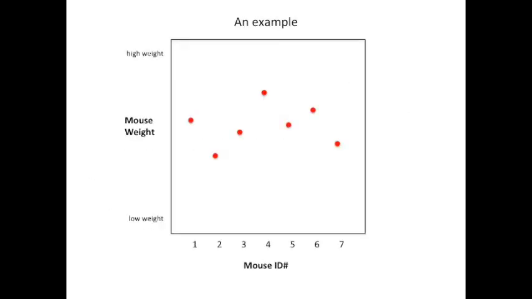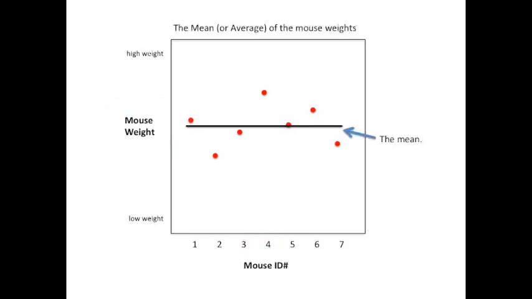Let's start with an example. Here, we're plotting mouse weight on the y-axis with high weights towards the top and low weights towards the bottom, and mouse identification numbers on the x-axis with ID numbers 1 through 7. We can calculate the mean or average of the mouse weights and plot it as a line that spans the graph.